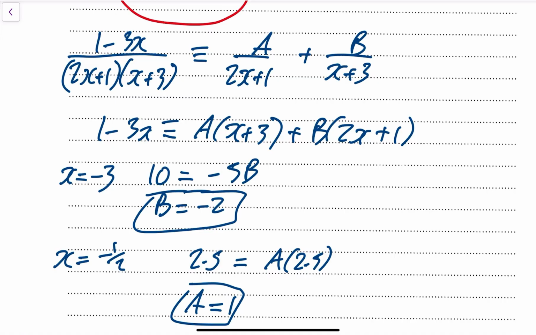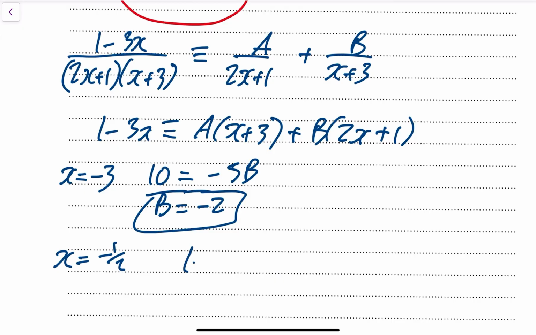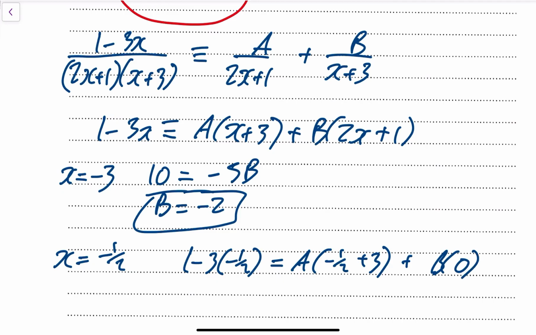Let's do that bit out here a bit longer. Put minus a half in the left-hand side: you'll have 1 minus 3 times minus a half. And then the right-hand side, you're going to have A times (minus a half plus 3), and then plus B times 0.